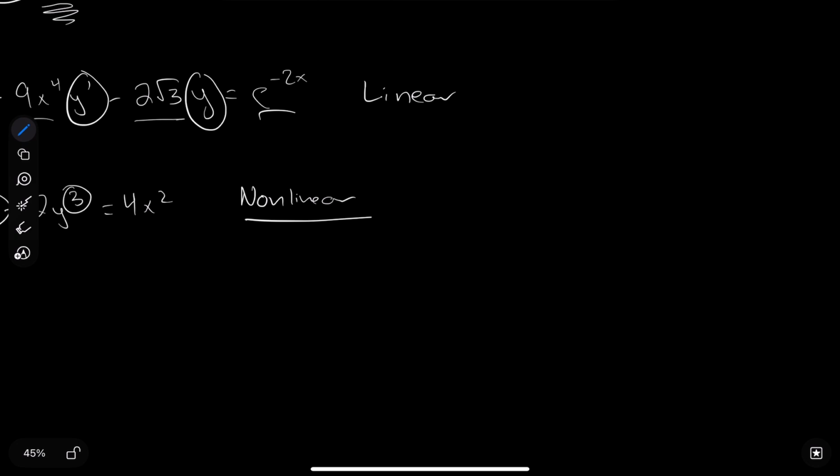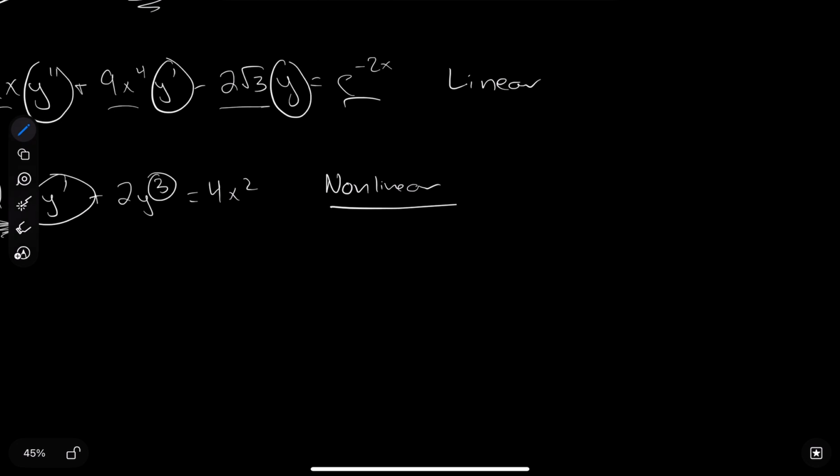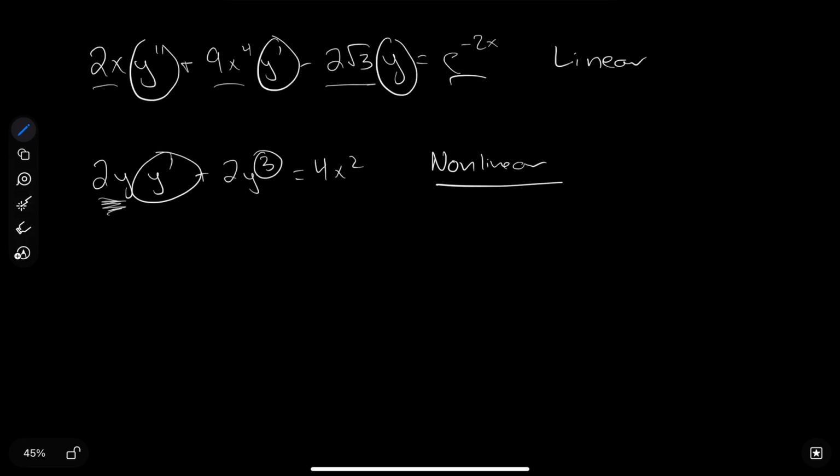The problem with nonlinear ones is they're very temperamental when it comes to their solutions. A tiny change in x could cause a massive change in y because of this y cubed term, and because of multiplying y times y prime. You get the point. So oftentimes it is harder to find an analytic solution, and we actually have to approximate most of them numerically.